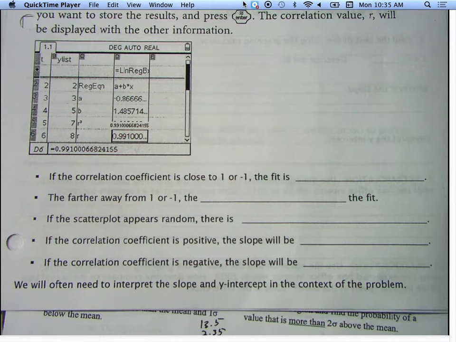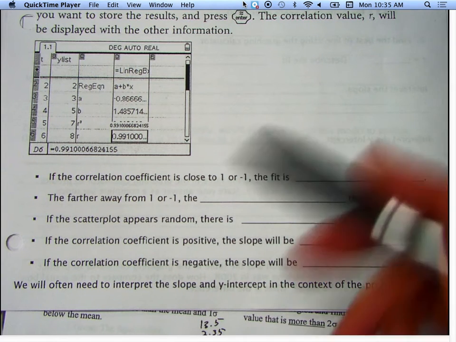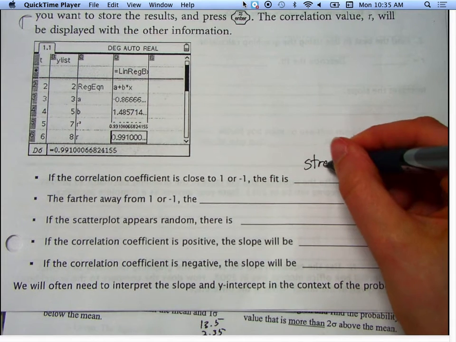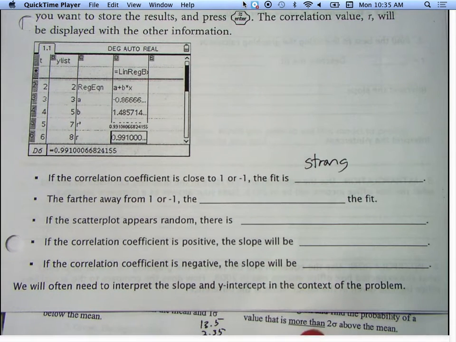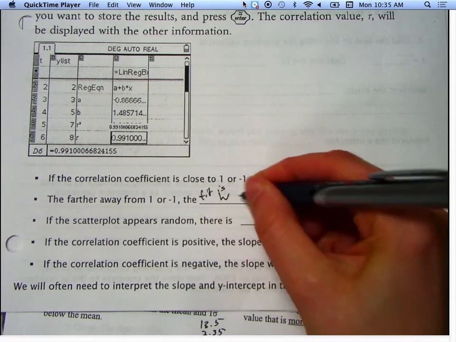So we know from the presentation, the PowerPoint. Okay, if the correlation coefficient is close to 1 or negative 1, the fit is what? Strong. If it is far away from 1 or negative 1, the fit is weaker.